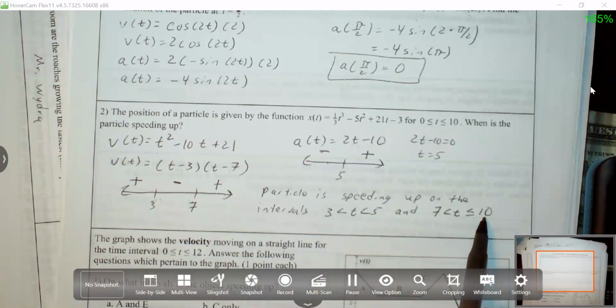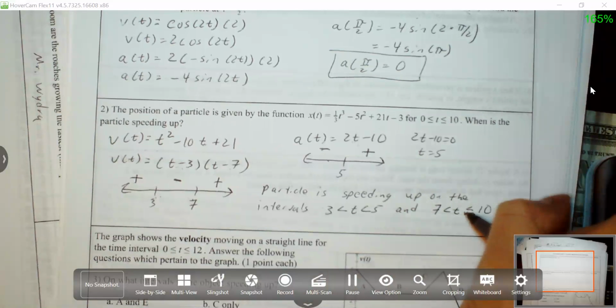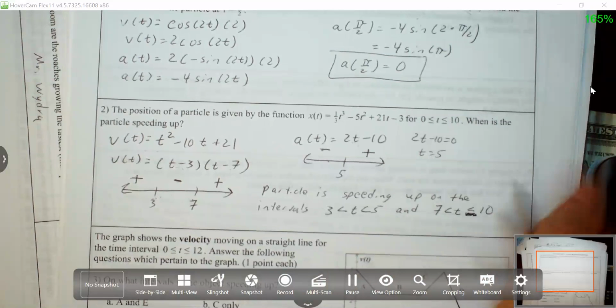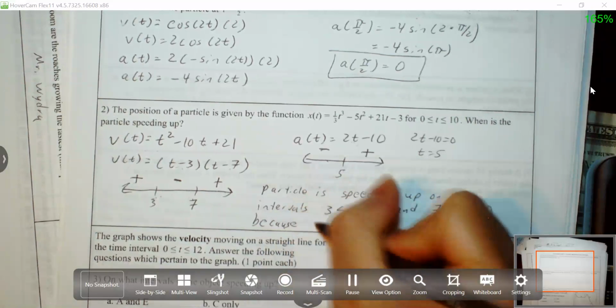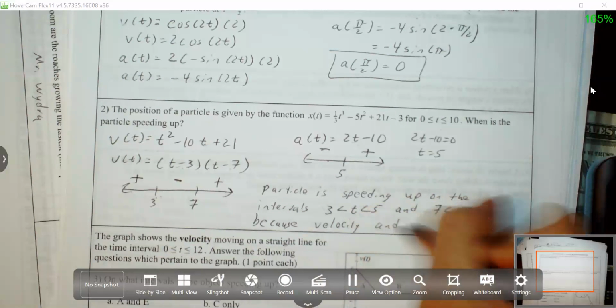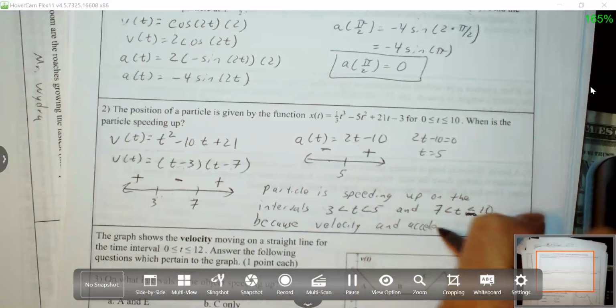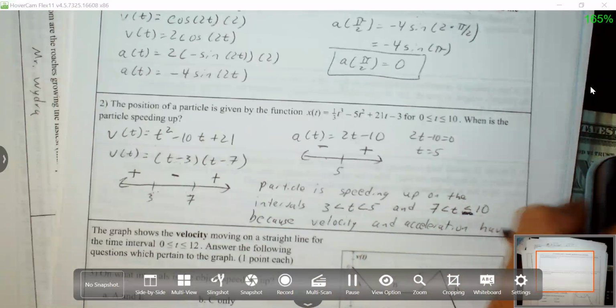Or actually, we don't need to put that there. My bad. Because velocity and acceleration have the same sign.